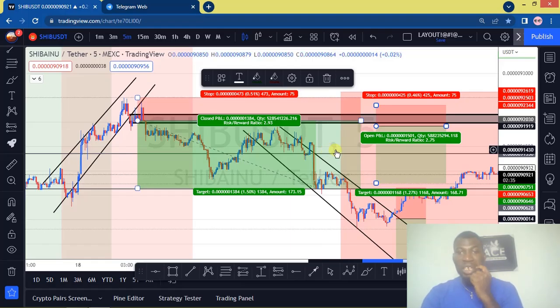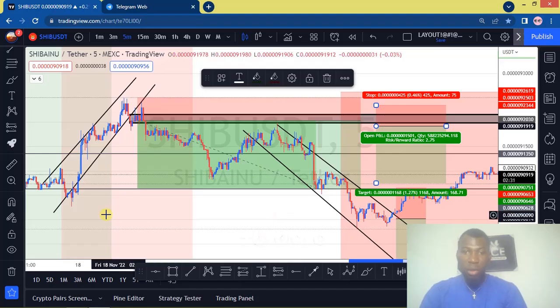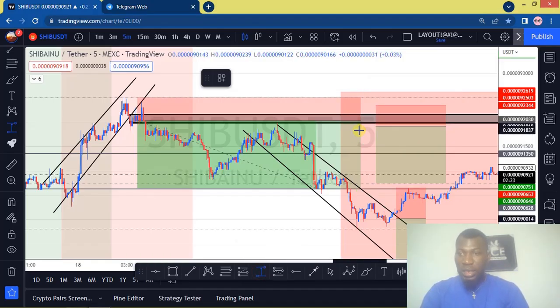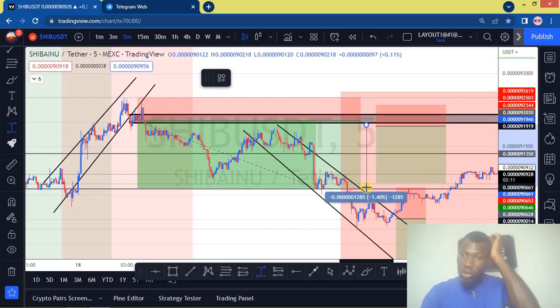Now the second method you can use to calculate pips in a trade is the price range tool. If you come over to your TradingView, you will have something like this called Price Range. You place it from your entry. Let's say this is your entry, and you drag it down to your take profit zone.